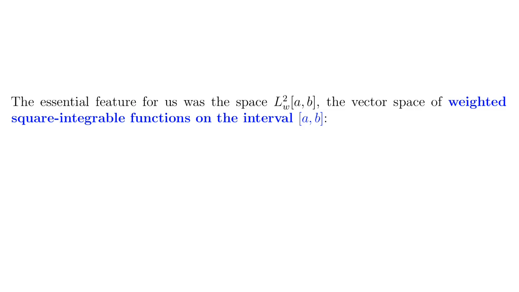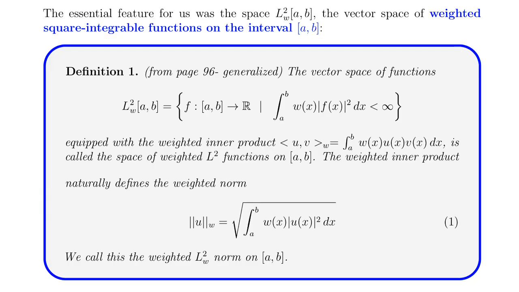The essential feature for us was the space L2W, the vector space of weighted square integrable functions on the interval AB. Here's the definition, from page 96 in your textbook. We call the space L2WAB, it's the space of real valued functions whose weighted square integration, weighted by the weight function w of x, is finite.